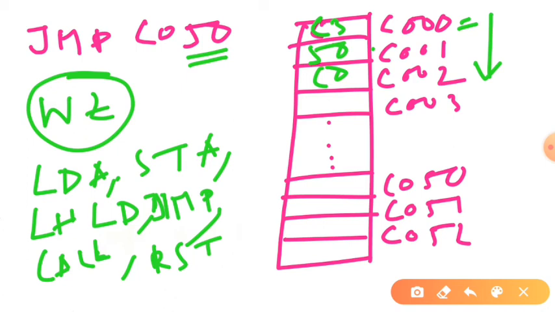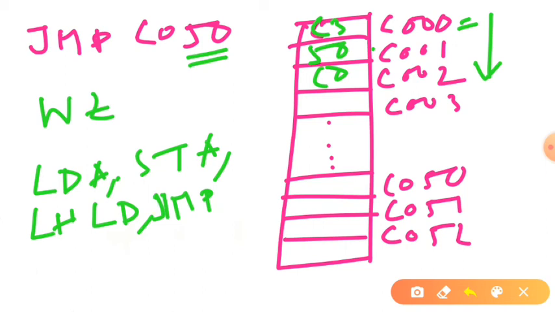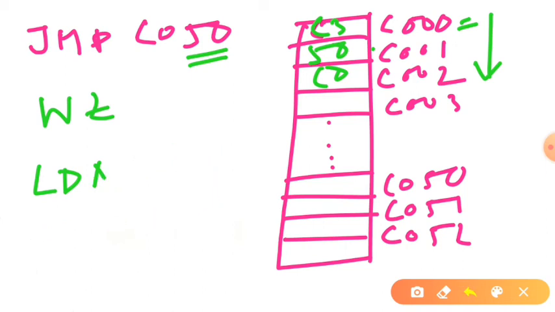Here in this particular case the corresponding memory address C050 will be stored in the WZ register pair. So in W, C0 will be stored, in Z, 50 will be stored, so that the complete address is stored in the WZ register pair.